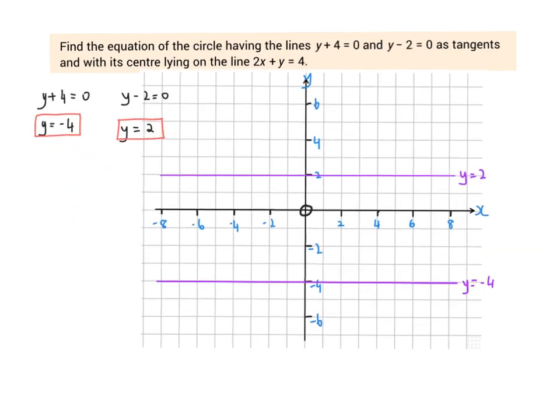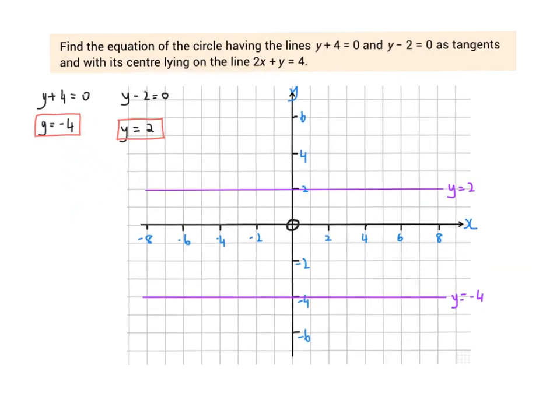Okay, so we have both of these two lines drawn, our line y equal to 2 and our line y equal to minus 4. Now these are tangents, and before we even look at the centre line, we know that the centre has to be halfway between these two lines. So what's the distance here?